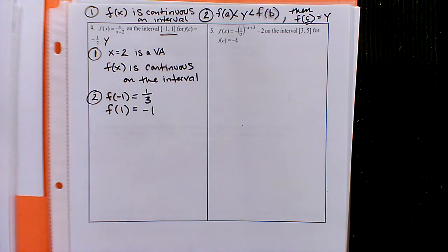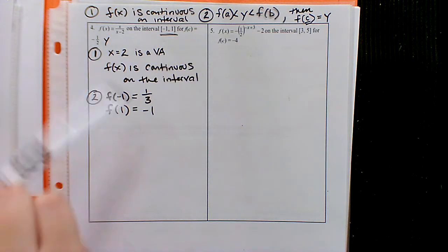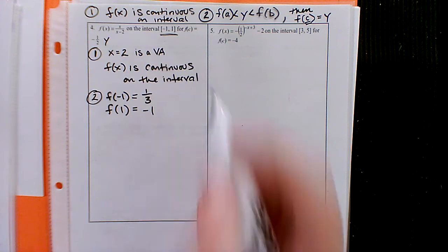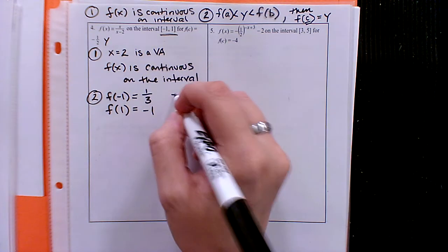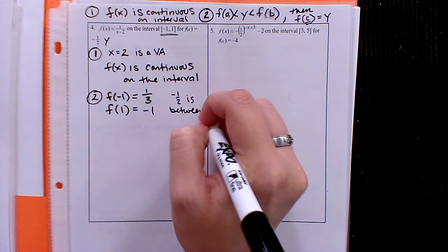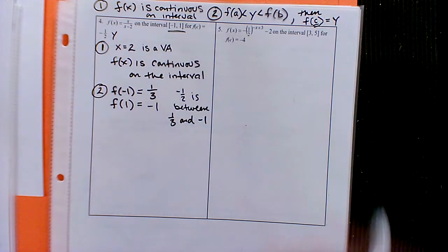So is our second condition met? Is the y value of -1/2 that we're interested in between the y values from the interval? Yes. Okay, so -1/2 is between 1/3 and -1.